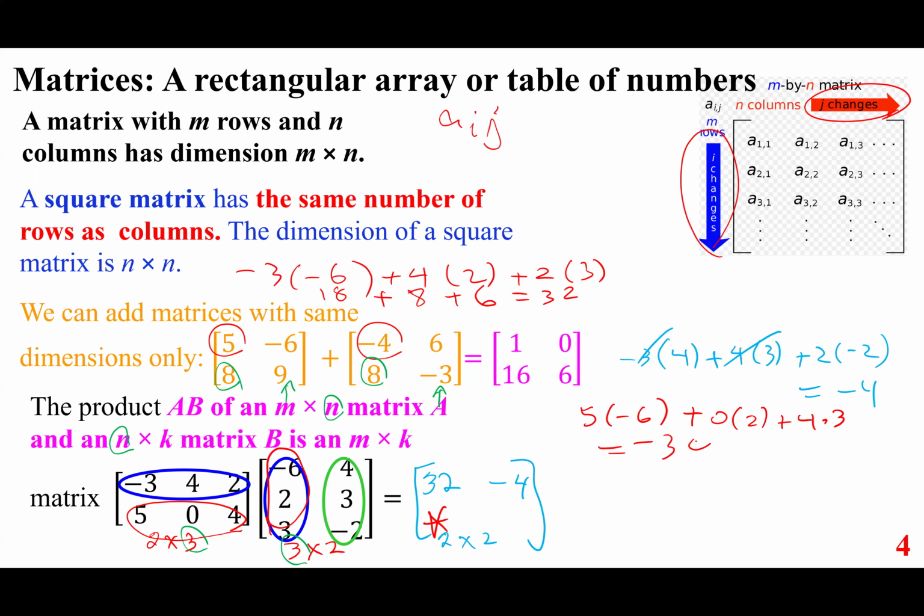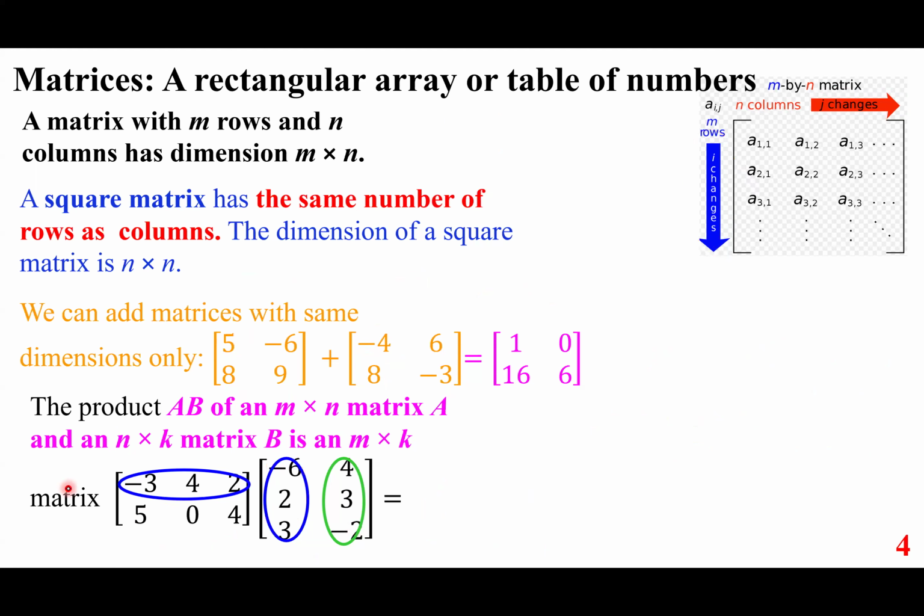I get -30 plus 12 is -18. So this entry is -18. And finally, you multiply this one by this one. 5 times 4, 0 times 3, 4 times -2, and that gives you 12. So I'm going to erase my work. That's the final answer. And more importantly, it's a 2 by 2.